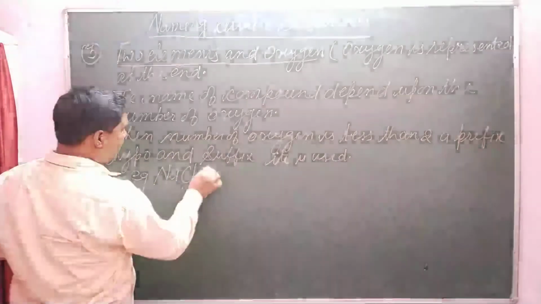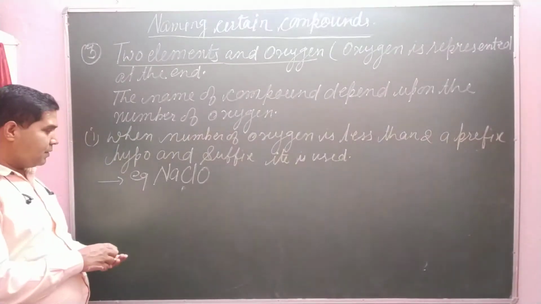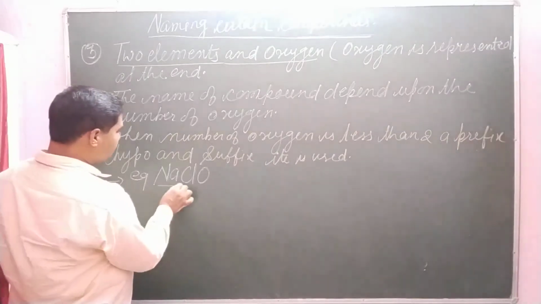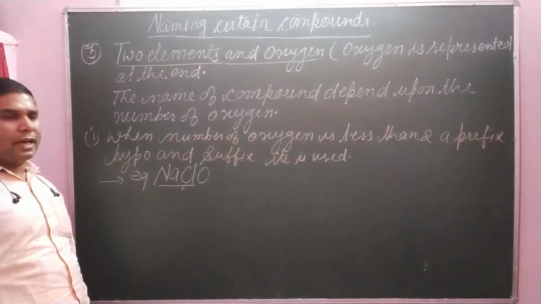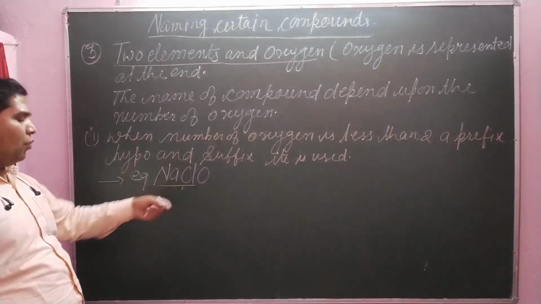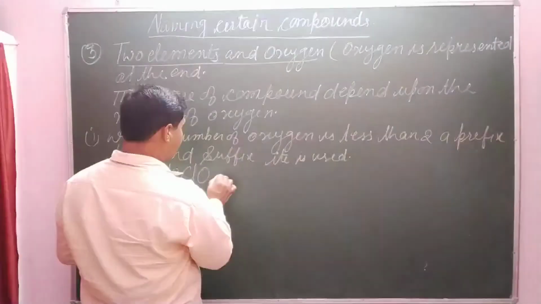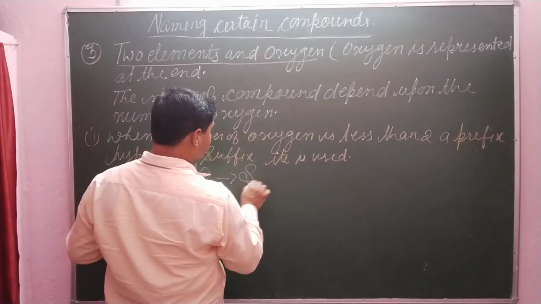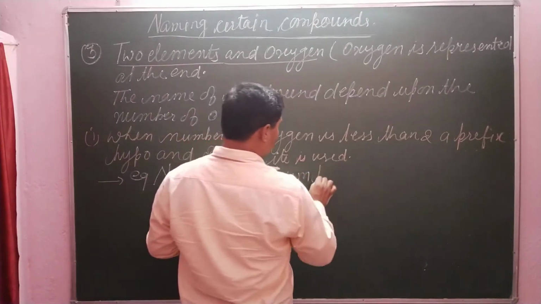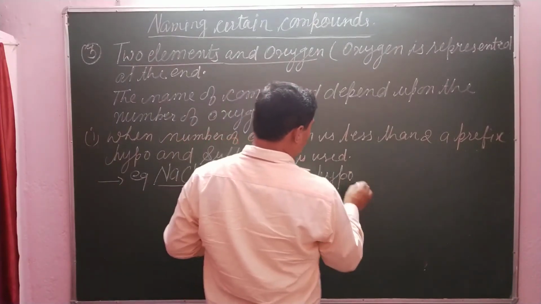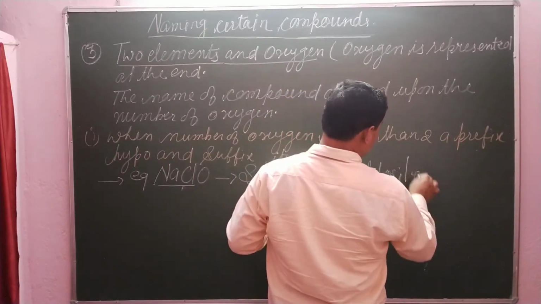The example is NaClO. You see here, dear student, the element with oxygen, and here the number of oxygen is 1. So the name of the compound will be sodium hypochlorite.